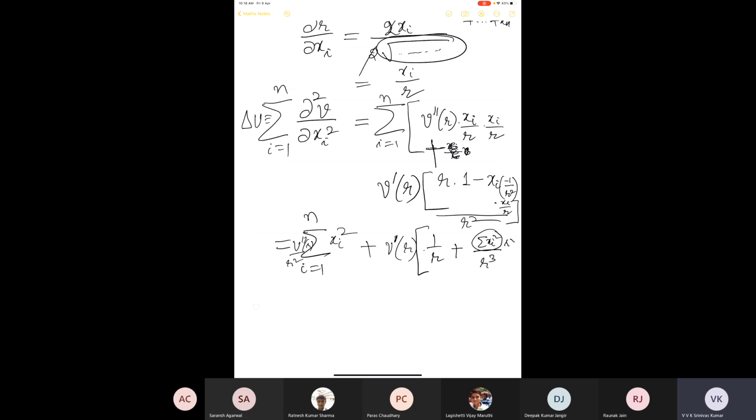We also have an r square here. So carefully, that r square, and this 1 by r and r cube.